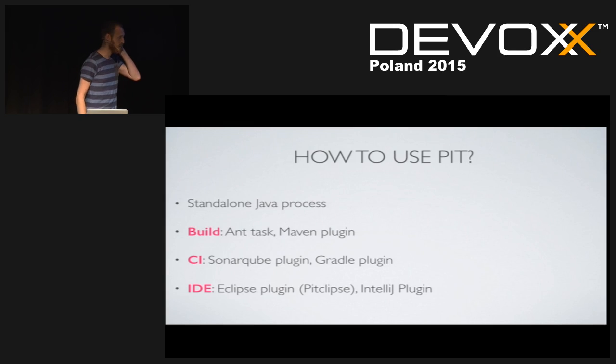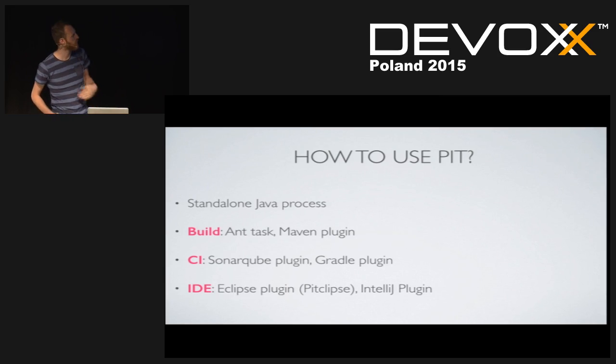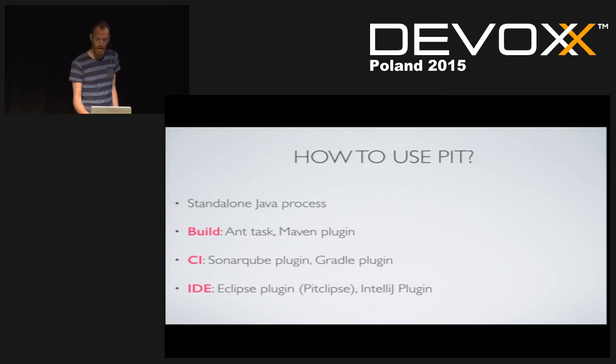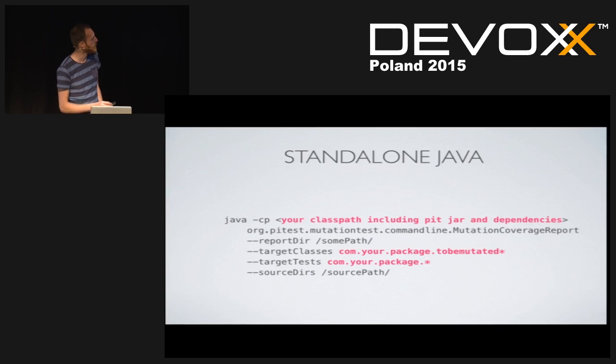And Eclipse just fires up the standalone and then opens a browser with the result, and it isn't that great. But basically, you don't need to run it from your IDE. If you have a Maven project, just use the Maven plugin. It's much easier. I'll talk about that later.